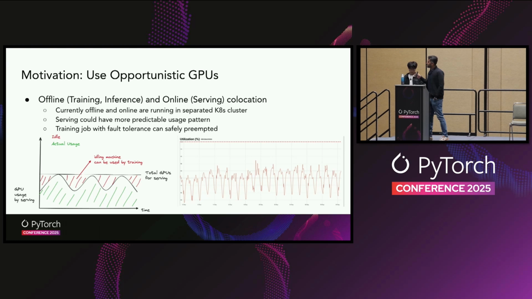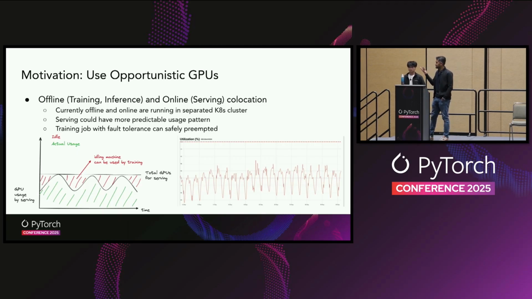And as we think about using GPUs opportunistically, there's also the opportunity to use GPUs from the serving side. We have this pattern where GPUs have a period of time where we don't have users, so there is a trough of time where GPUs don't get utilized, so it'll be great for training to use these.